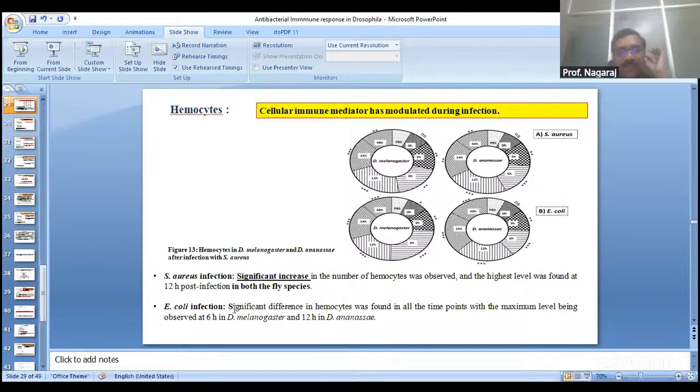Whereas in E. coli infection, a significant difference in hemocytes was found at all time points between Melanogaster and Ananassae. The increase in hemocytes is seen at 6 hours itself in Melanogaster, whereas in Ananassae species it is seen at 12 hours. So it's slower, the infectivity is slow, and it exhibits this response only at 12 hours. There is almost a 6 hours difference between the Melanogaster and Ananassae species.